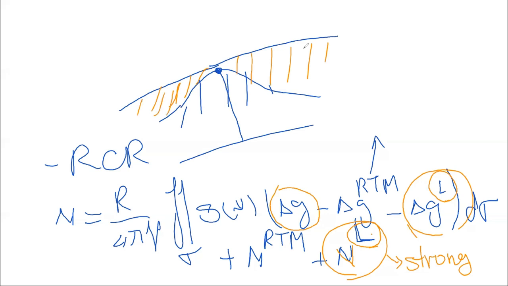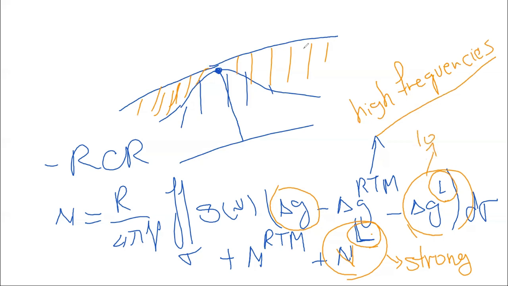So they will remove those high frequencies as well. So you see the high frequencies are removed from the RCR data in addition to low frequencies. Long and low frequencies are removed from the data, and later they are restored.